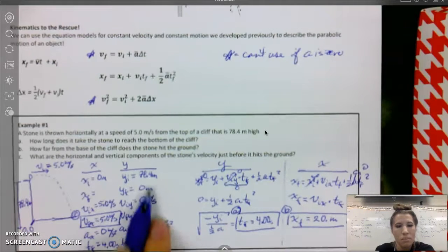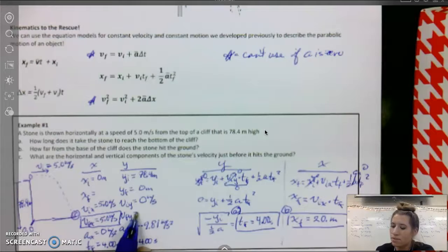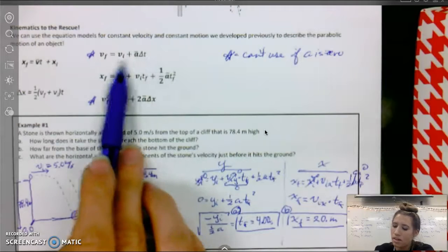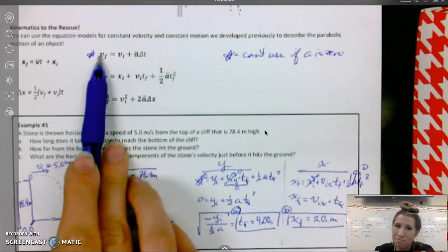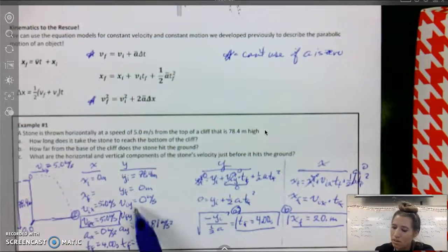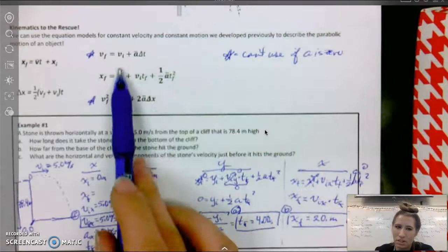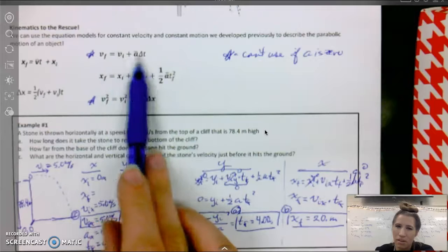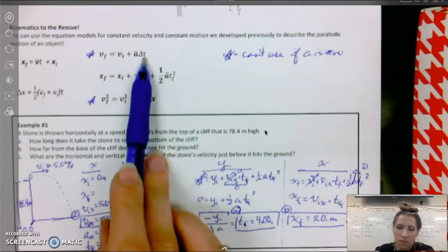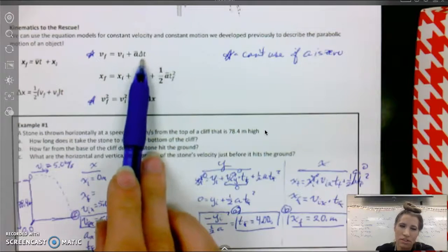So let's pick an equation where we're looking for this velocity final. That one's already solved for it. This one would be really simple, especially since the velocity initial is 0, so that component would drop out. And this delta t is just final minus initial, and initial is always 0.